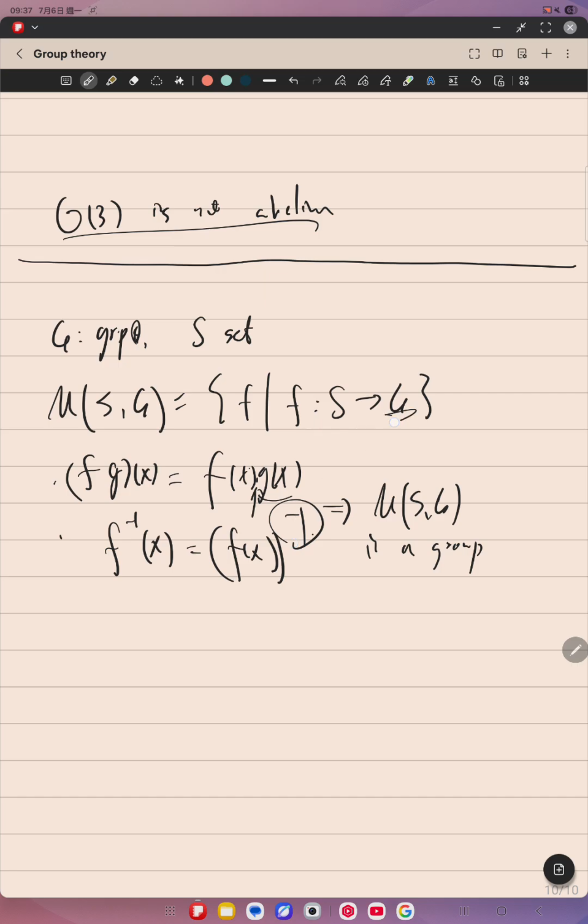So this inverse is also in group G. Okay, and the unit element. So the unit element is also simple, right?